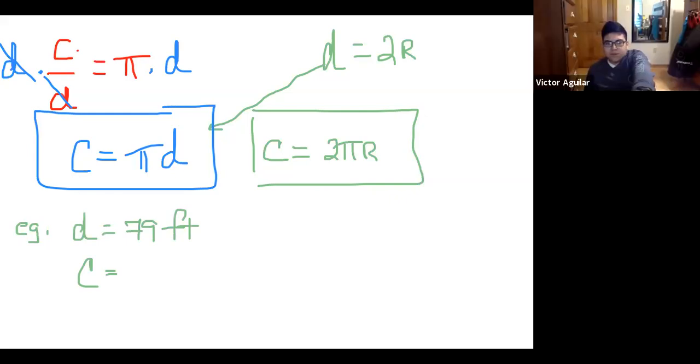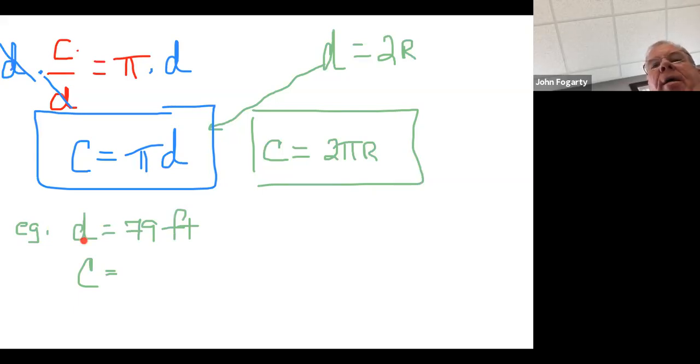C equals pi times the diameter. They give me the diameter, so I might as well just use that one. So I know that C has to be equal to pi times the diameter.